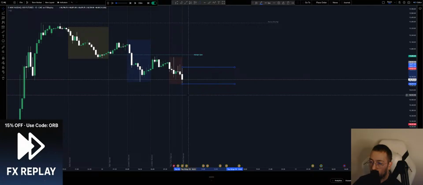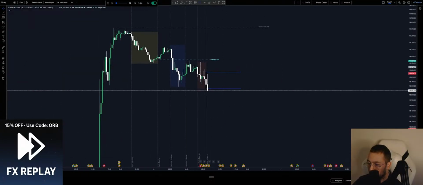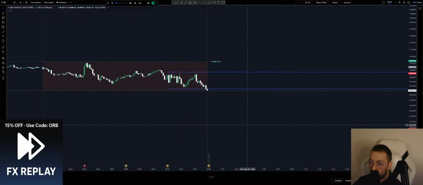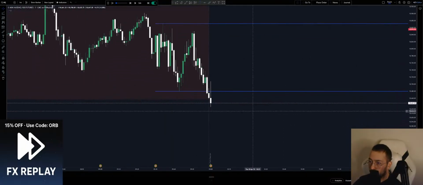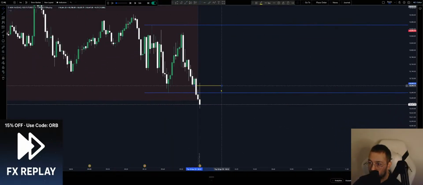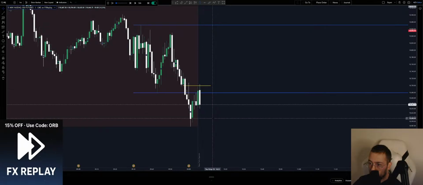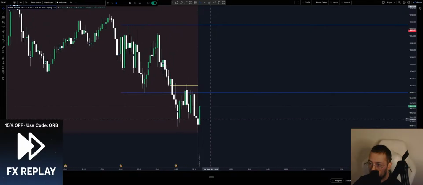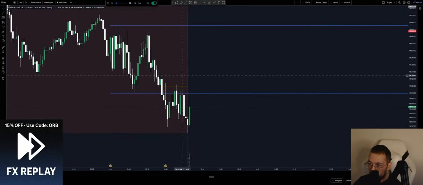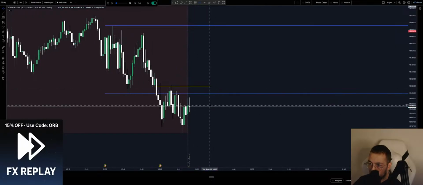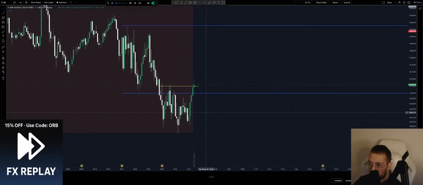High and low. No one is yapping. Okay. We have a first inversion here. Okay. Price inverted the fair value gap.